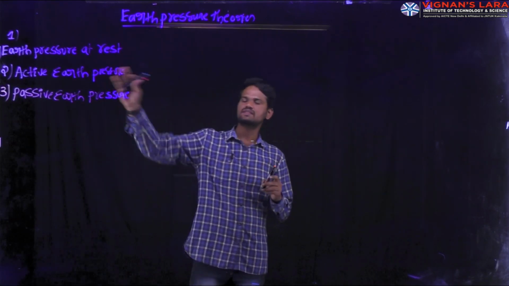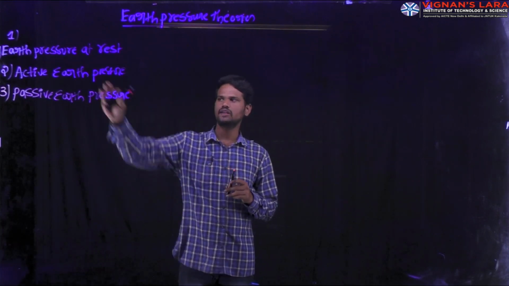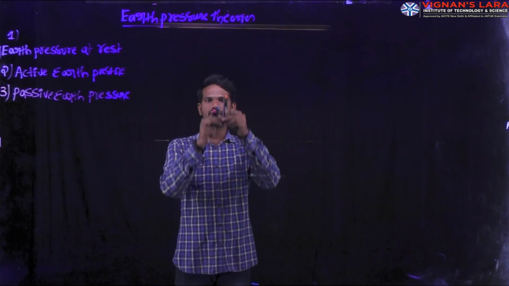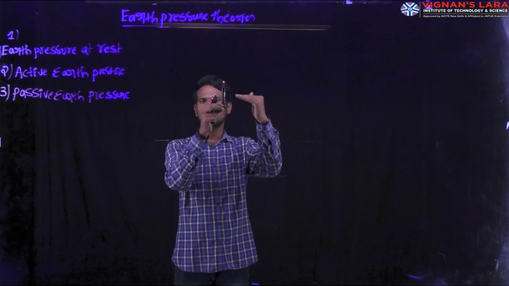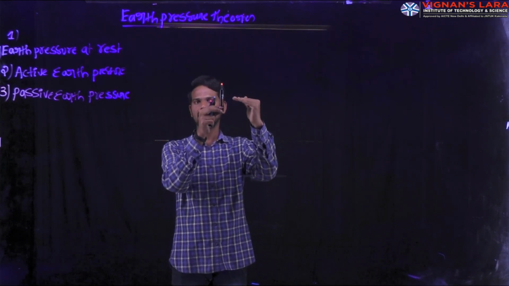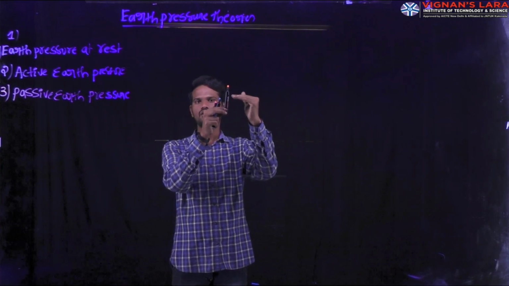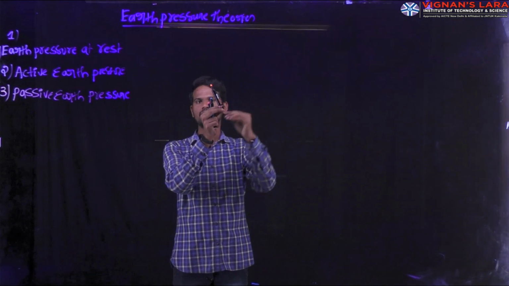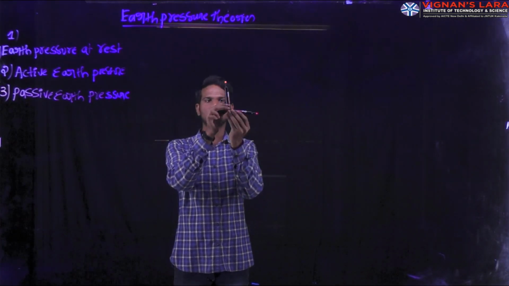We have also discussed active earth pressure. In active earth pressure, the soil behind the wall creates some pressure on the wall. Due to this pressure, the wall may move away from the backfill, away from the horizontal ground surface.